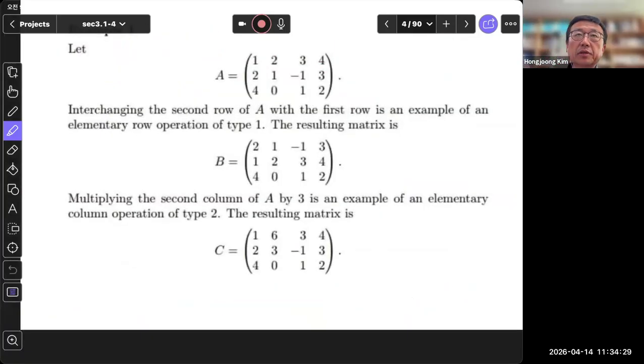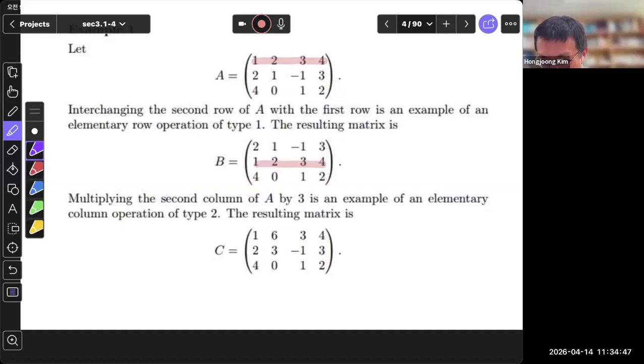So here is another example. So suppose that A is matrix A. If I interchange the second row of A with the first row, then you get B matrix. So 1, 2, 3, 4 goes to the second row, and 2, 1, -1, 3 goes to the first row. The third row is not changed.